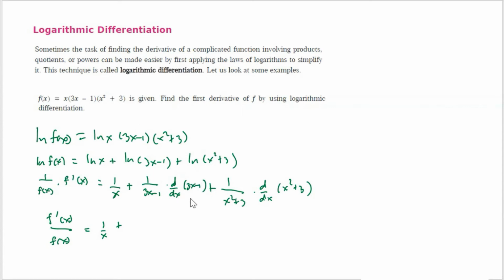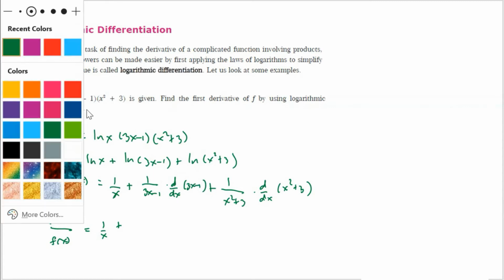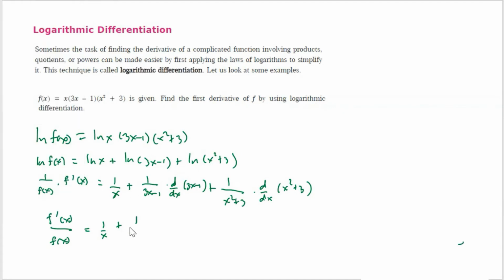Now, taking the derivative of that, I can write 1 over 3x minus 1 times the derivative of 3x minus 1, which is 3, plus the second term, 1 over x squared plus 3 times the derivative of x squared plus 3, which is 2x.